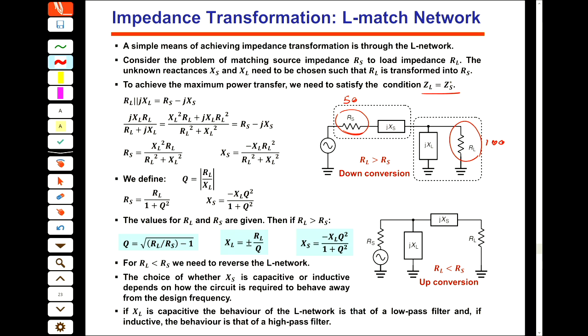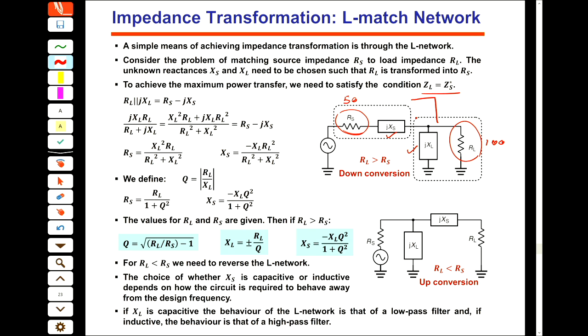We will see the T and pi matching networks, which have three components and actually give you more degrees of freedom. All right? So assume that we select two inductive components like XS and XL, one in parallel with RL and one in series with RS. L shape. Okay?